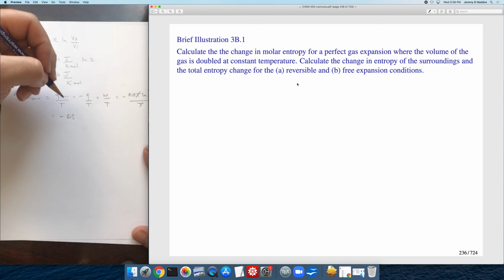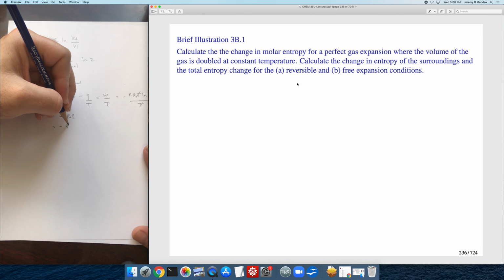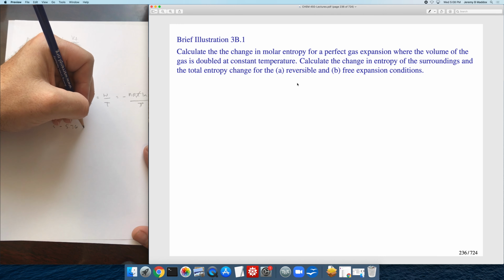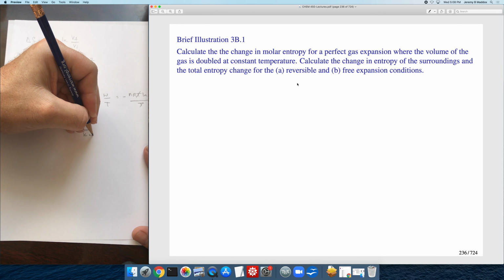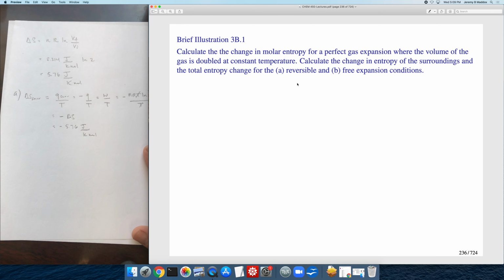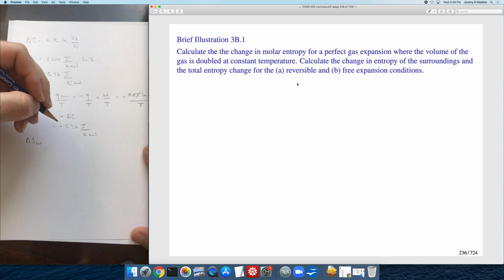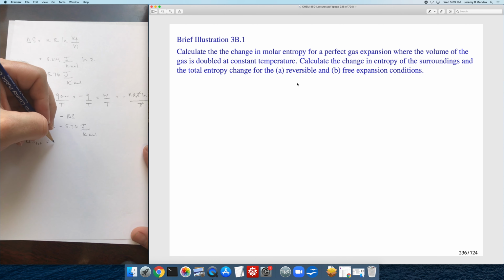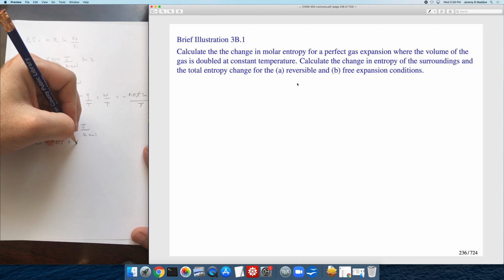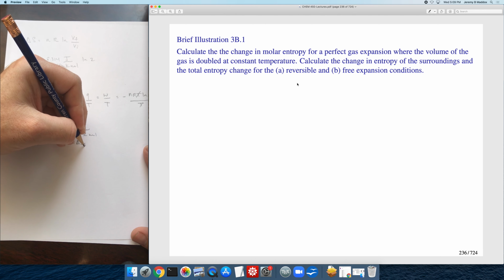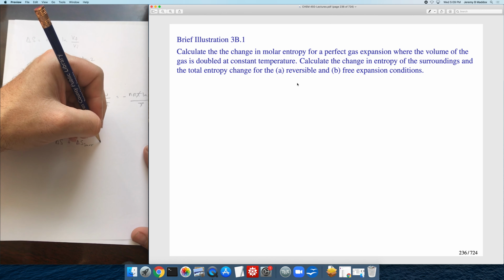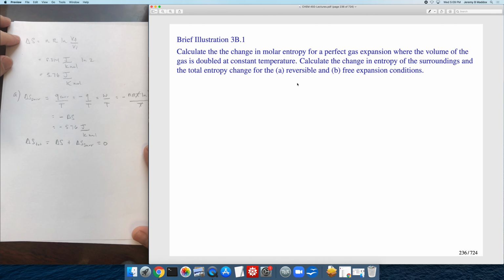Okay, so the numerical value will be minus 5.76 joules per Kelvin per mole. The total is going to be the system plus the surroundings, and for this reversible process, that's going to be 0.